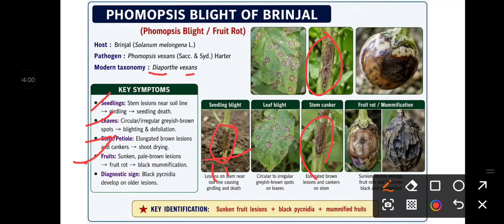In the fruit, the most characteristic symptoms of this Phomopsis blight are observed. You will get sunken pale brown lesions. That lesion then aggravates and ultimately leads to fruit rotting. The fruit becomes black and mummified.